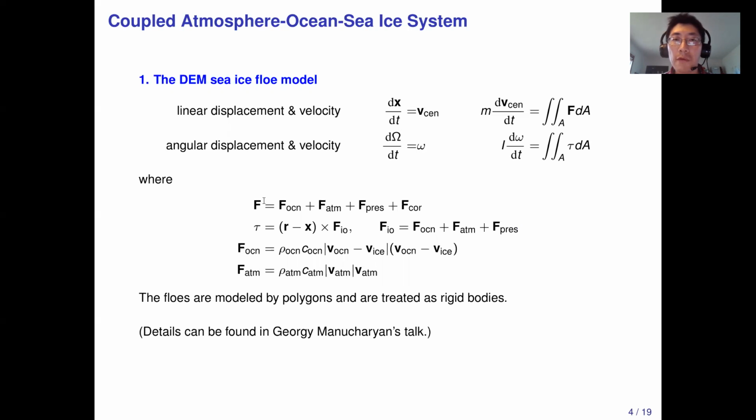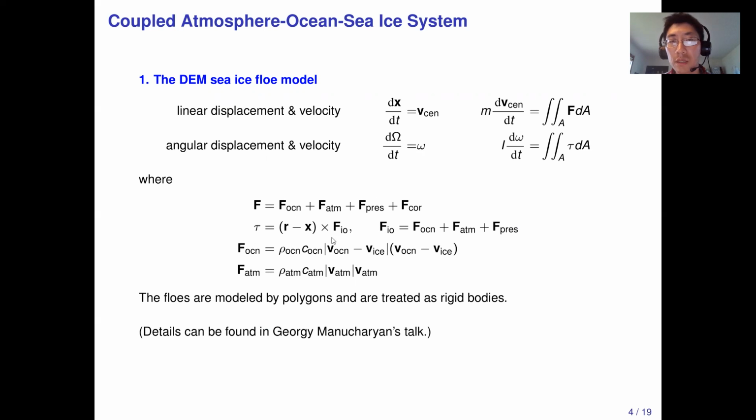In total, this F can be decomposed into the 4 parts here. These 4 parts are the forcing from the ocean, the forcing from the atmosphere, the forcing from the pressure part, and the forcing from the Coriolis force. If we put the first 3 things together, then this formula tells us how to compute the torque, the forcing of the omega part.